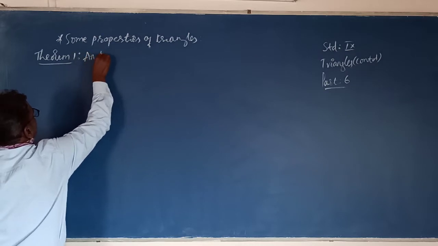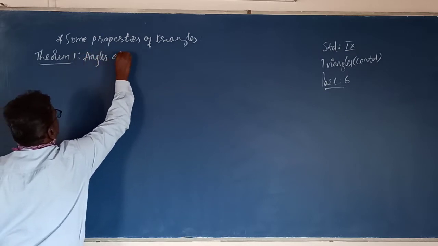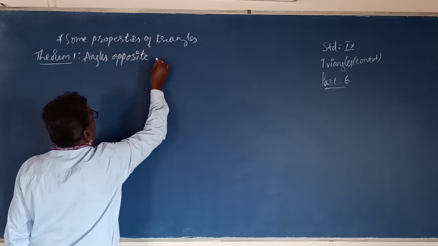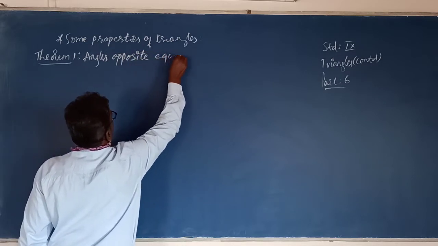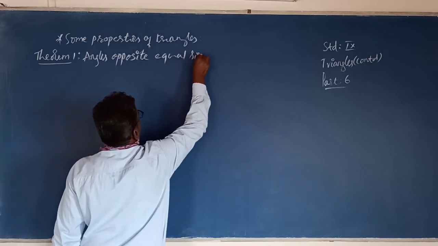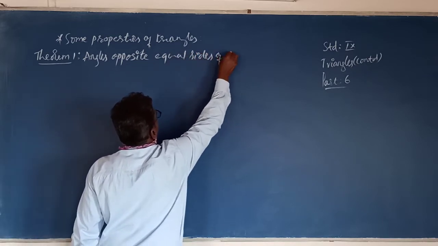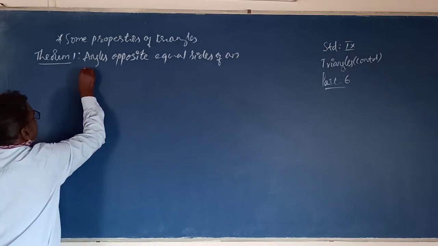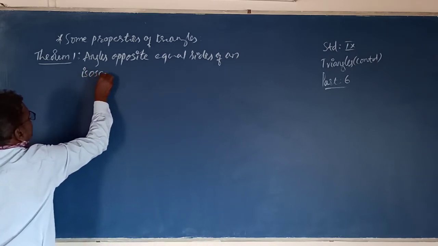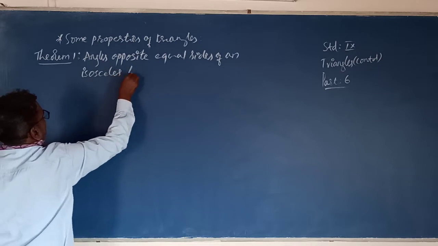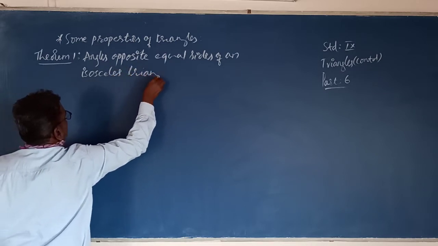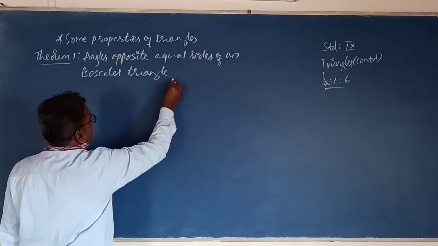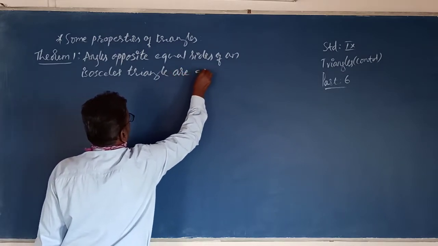Angles opposite to equal sides of an isosceles triangle are equal.